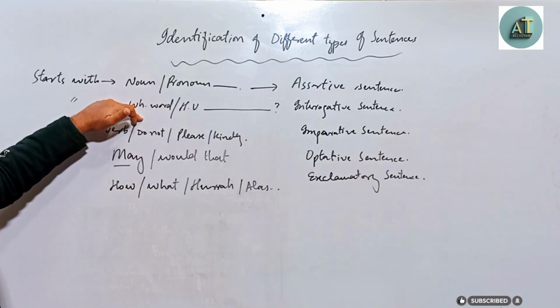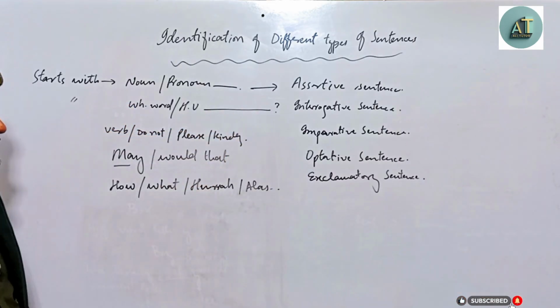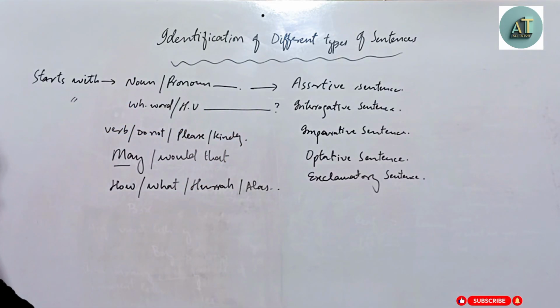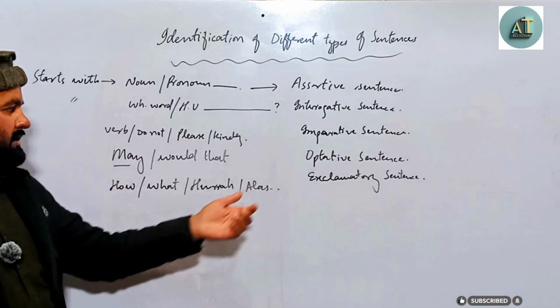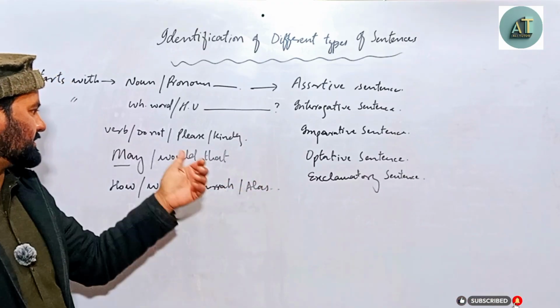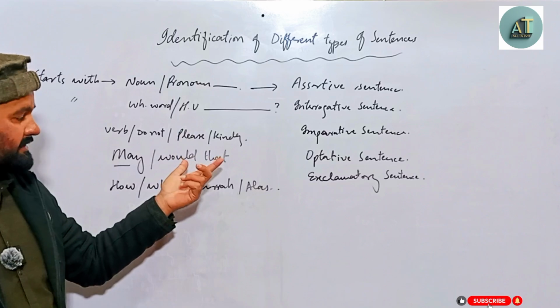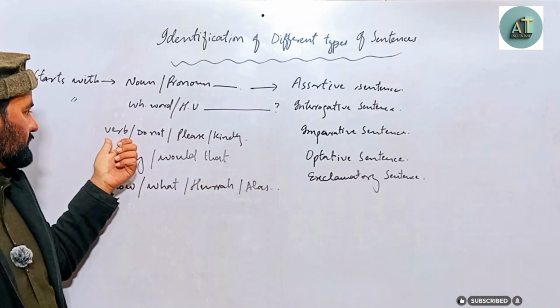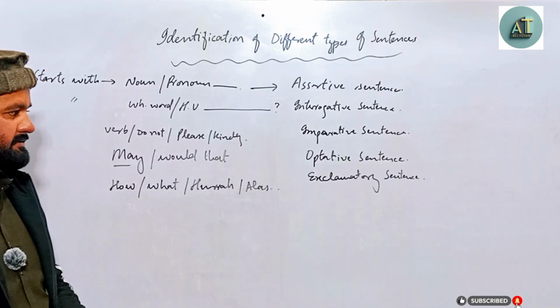It creates the sense of interrogation, and there is a question mark at the end of the sentence. The next one is the imperative sentence, which starts with a verb, do not, please, or kindly. All those sentences that start with these words are called imperative sentences.